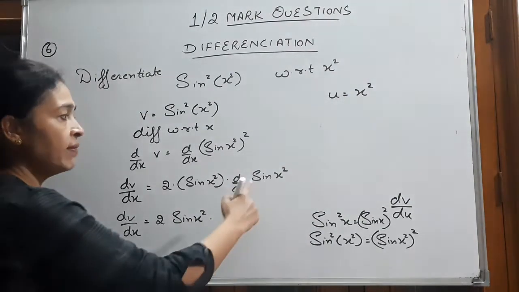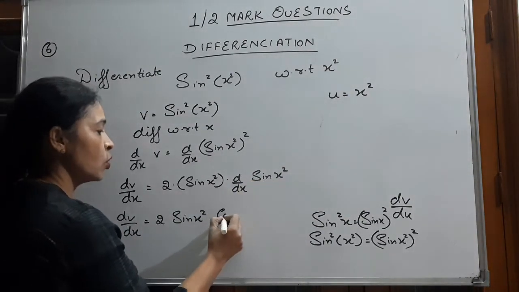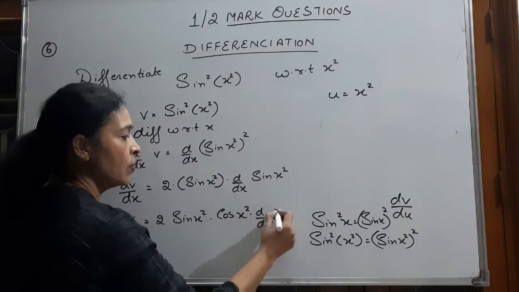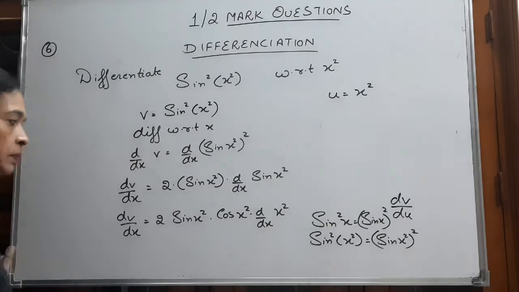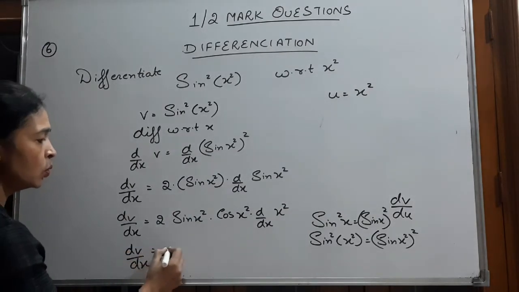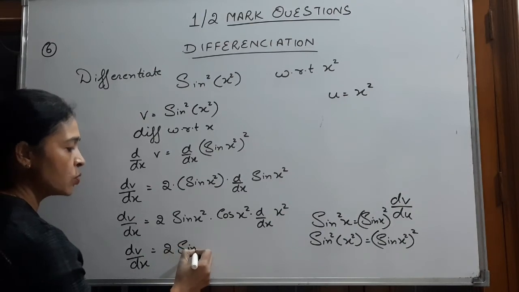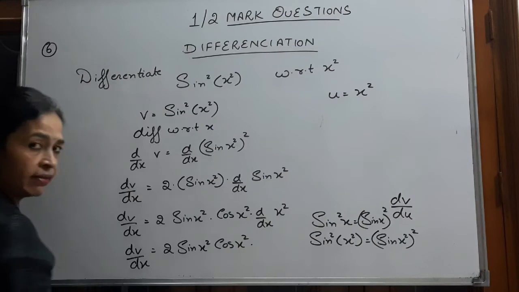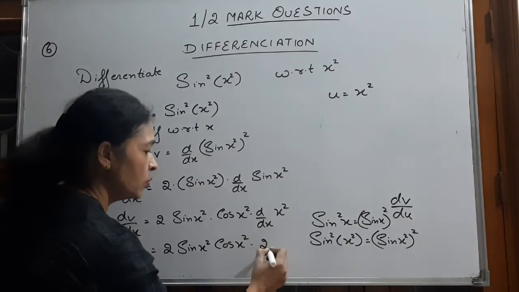Cos x. Derivative of sin x square is cos x square into d upon dx of x square. dv by dx equals 2 sin x square cos x square into derivative of x square, which is 2x.